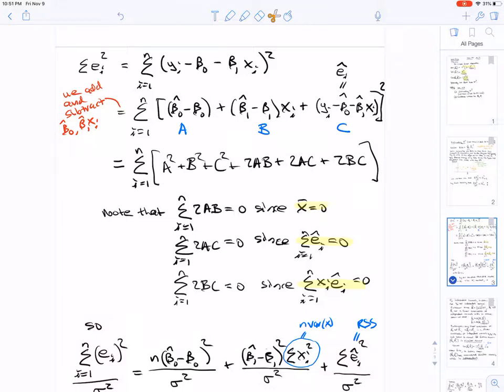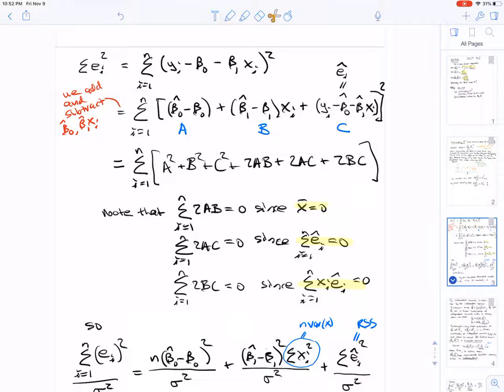We're going to do some algebraic nonsense where we add and subtract the same term so that we have a different expression with a, b, and c all squared. When we square them, we get a squared plus b squared plus c squared plus cross terms, and all the cross terms are 0 thanks to our assumption that the average of our data is 0, and our normal equations that we derived last time: the sum of the residuals is 0, and the sum of the xi times the residual is 0.